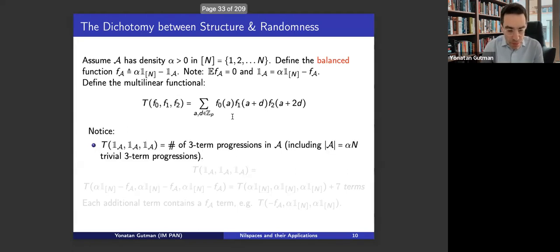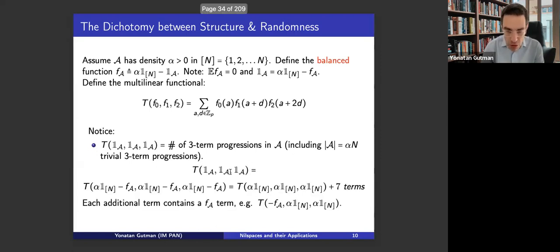And now we notice that this multilinear functional gives us the number of three-term progressions in A when we, of course, take T(1_A, 1_A, 1_A). Notice that this also includes trivial three-term progressions. So we should remember that, because we are, of course, not interested in arithmetic progressions where the difference is 0. That's trivial.